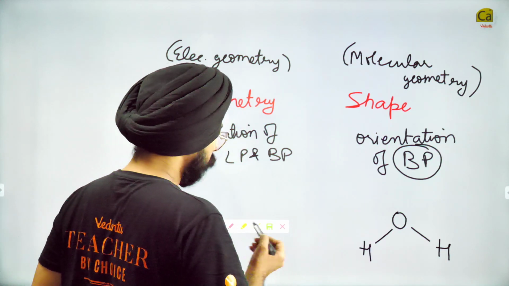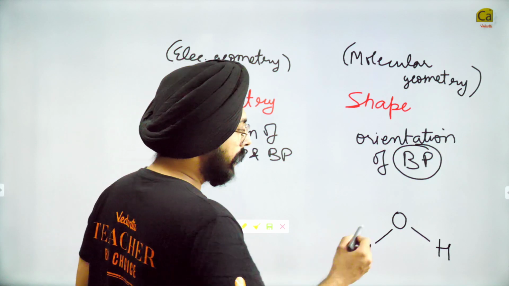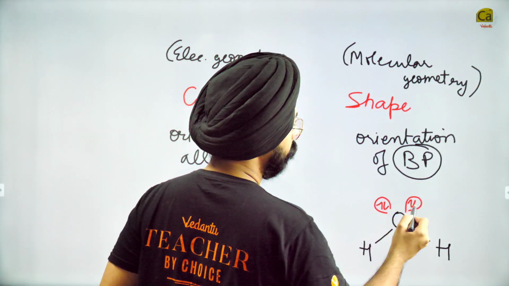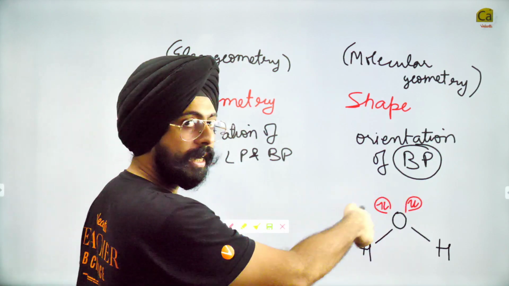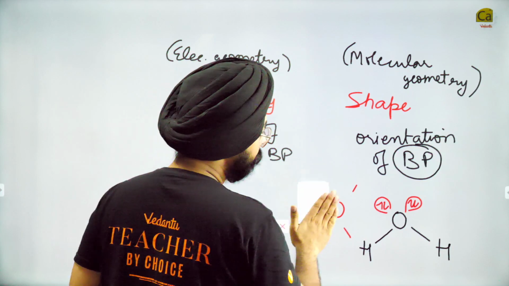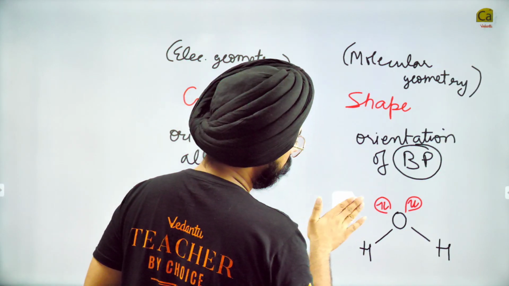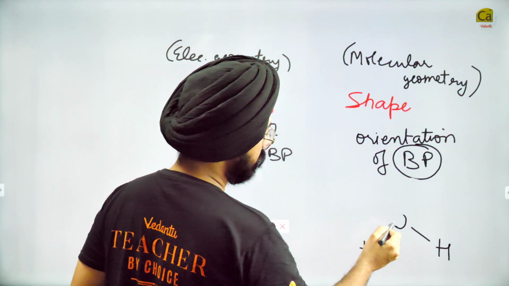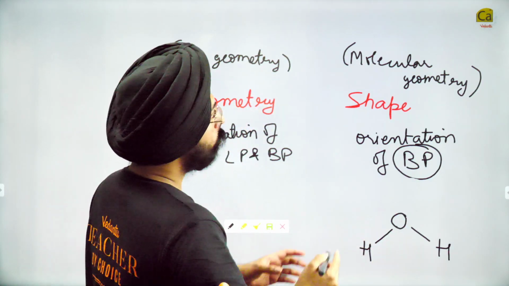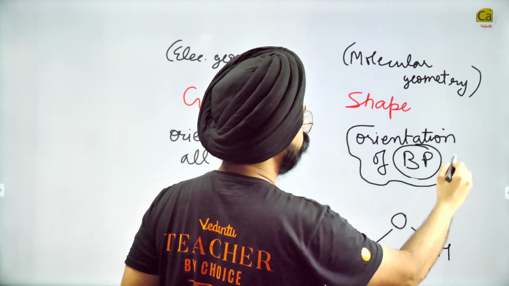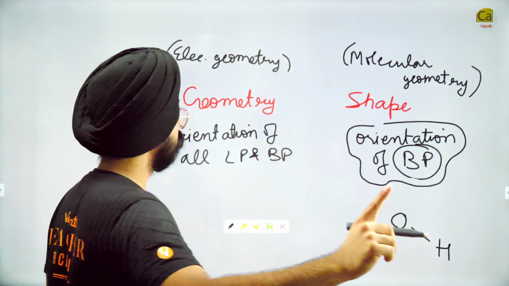So water molecule, we can say it has a bent shape, but if we talk about its lone pairs, the shape is different. If I involve the lone pairs, the shape looks something like this. But if I do not think about the lone pairs, then I can say that it has something like a V shape or a bent shape. So molecular geometry talks only about the orientation of bond pairs, not about the lone pairs.